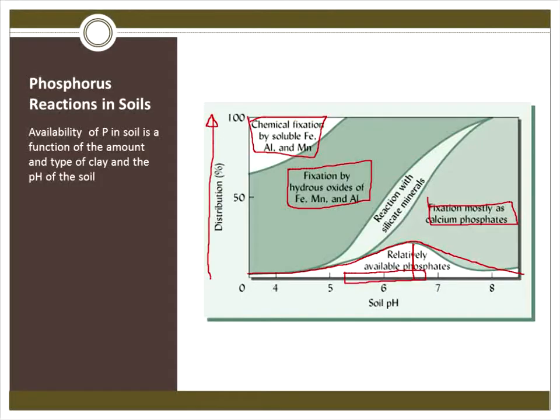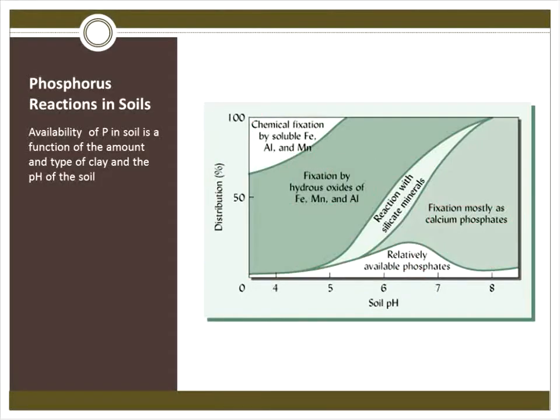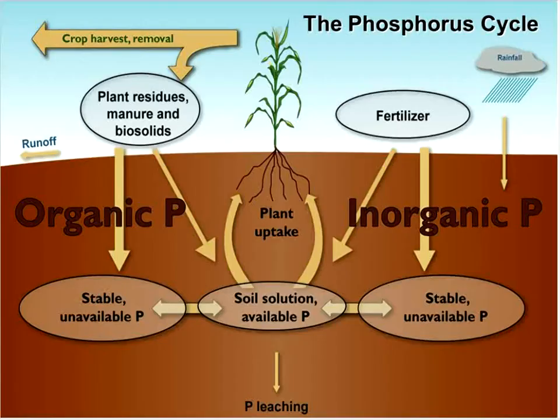In the North Carolina or southeastern United States system, we have a lot of iron and a lot of aluminum, so by far the vast majority of our phosphorus is tied up in these iron, aluminum, and mineral complexes. So you have very little of that in solution, and very little of this leaching loss happens.